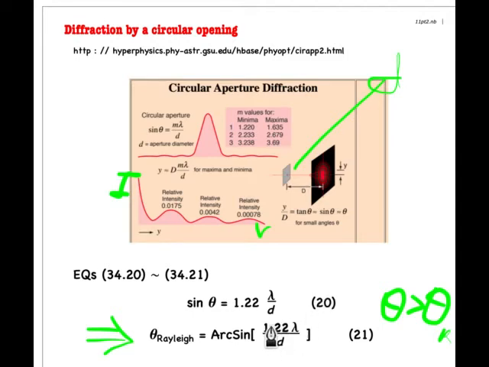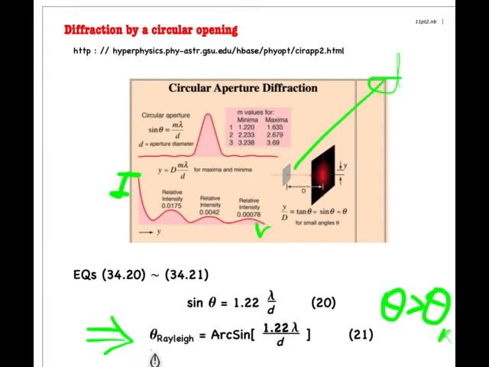In other words, if the angle between the two sources of light is greater than 1.22 lambda over d, that is to say, if the sine of the angle is greater than 1.22 lambda over d, then the diffraction patterns won't overlap and you can distinguish between the two sources.